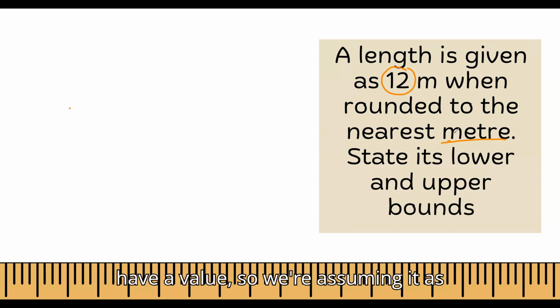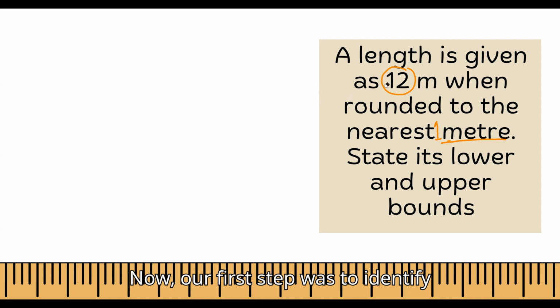Now over here, again, we don't have a value. So we're assuming it as 1, because when we don't have anything, it's going to be 1 meter. So the place value of the degree of accuracy is 1 meter.